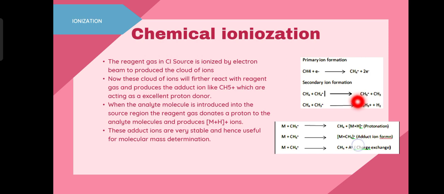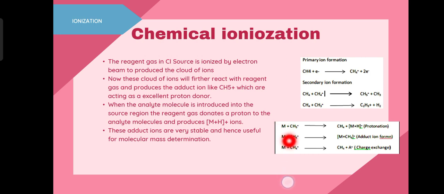Now when the analyte molecule is introduced into the source region, the reagent gas donates a proton to the analyte molecules and produces M plus H plus ions. So when the analyte is introduced through the third opening into the cell, these secondary ions, that is CH5 plus and C2H5 plus, donate a proton to the analyte molecules.